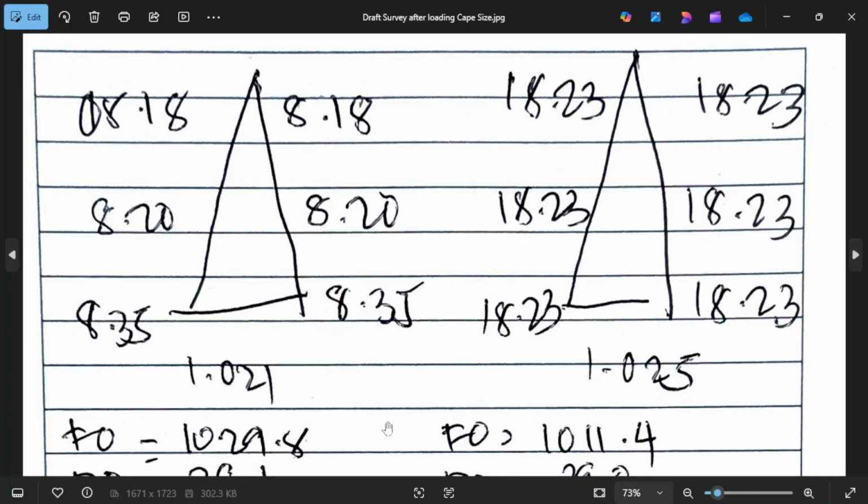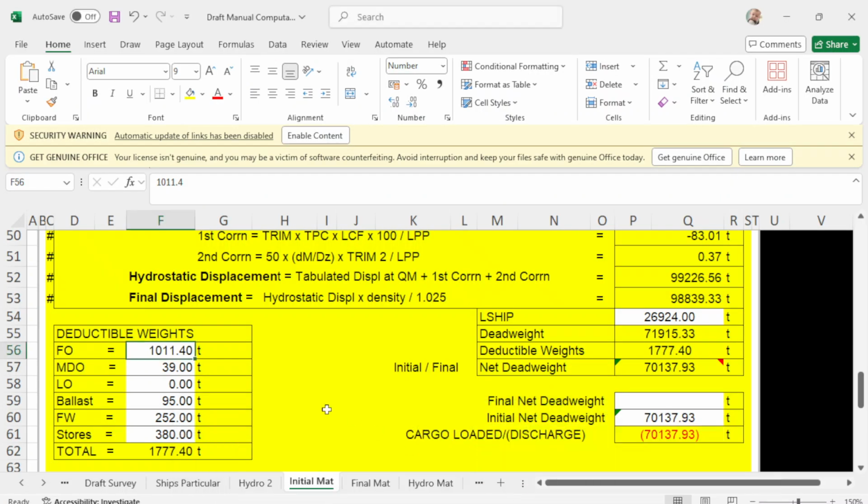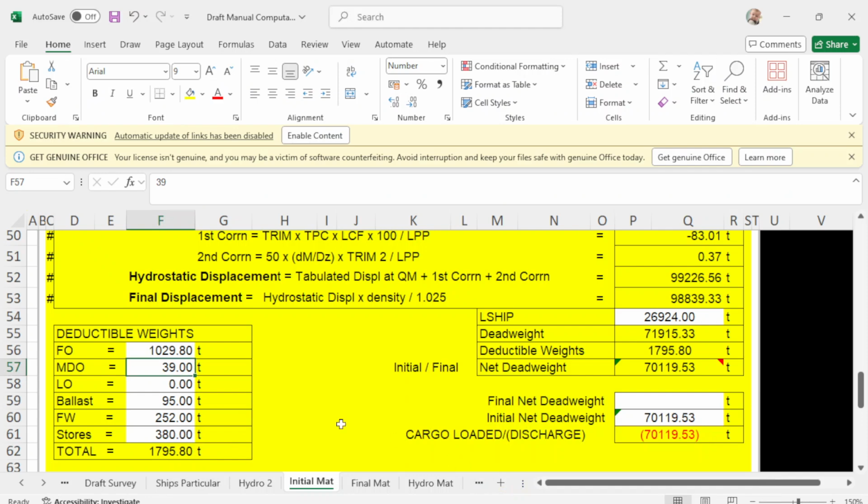Okay, 10298, 10298. Okay, 109.8. Okay, 39.1. 39.1, because this is initial.